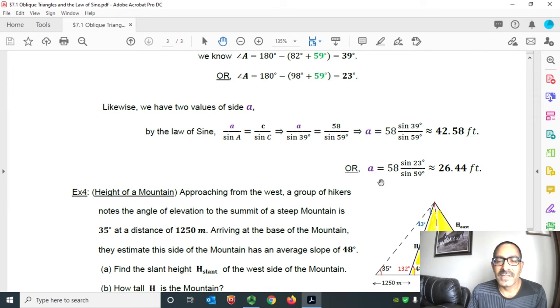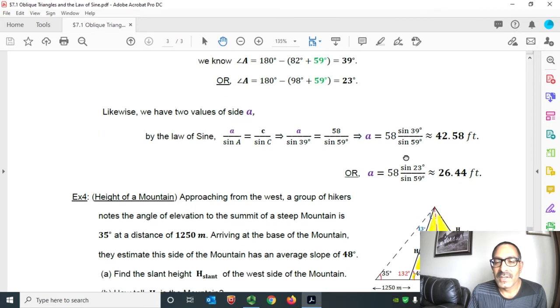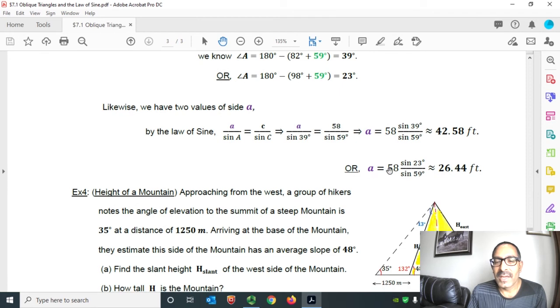And the other possibility is if we apply angle A equals 23 degrees, because our angle A has two possible values. So A equals 58 times sine 23 degrees over sine 59 degrees. It turns out that side A equals 26.44 feet. Great. So I hope it makes sense to you all.